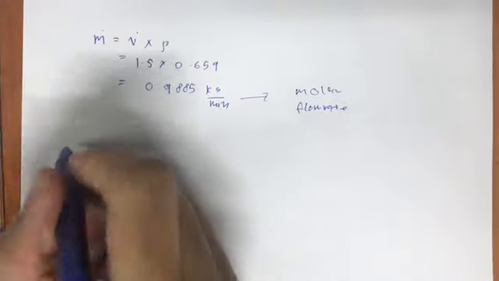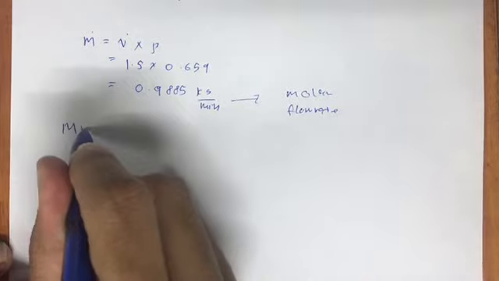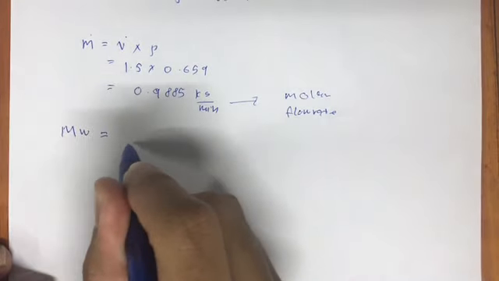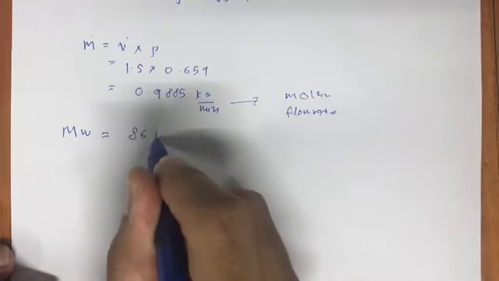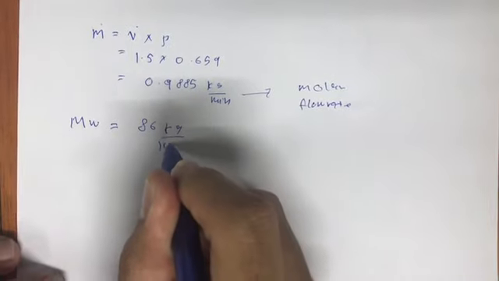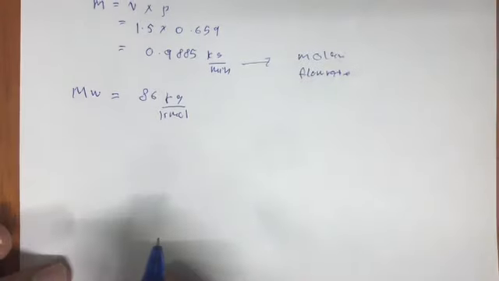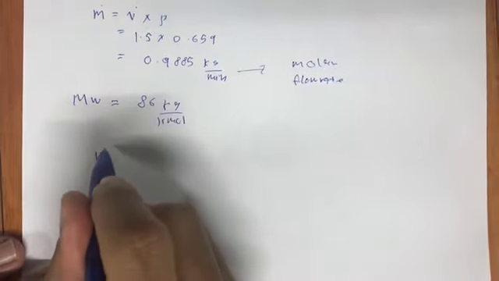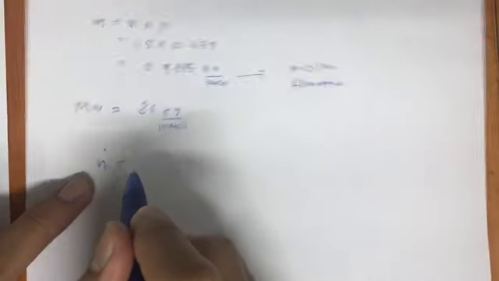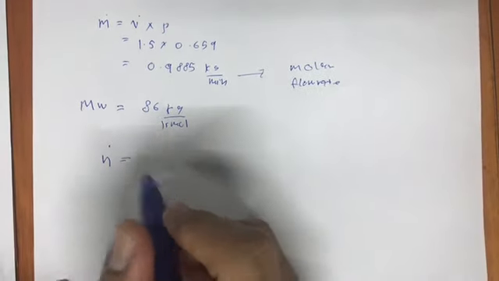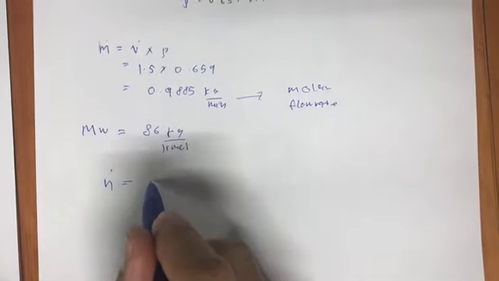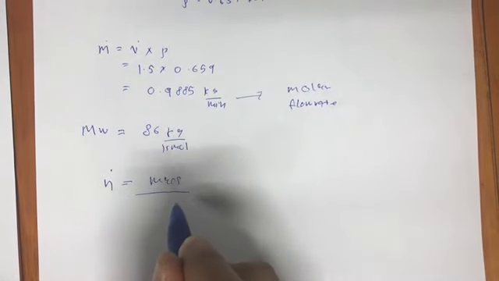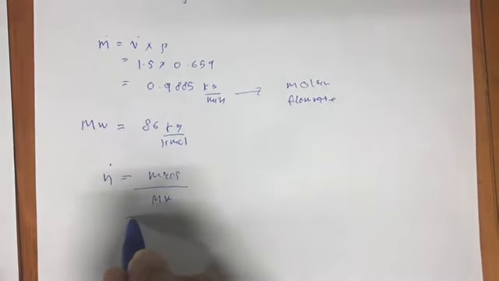As we already know, the molecular weight of hexane is 86 kg per kmole. So based on the formula, molar flow rate is equal to mass divided by molecular weight.